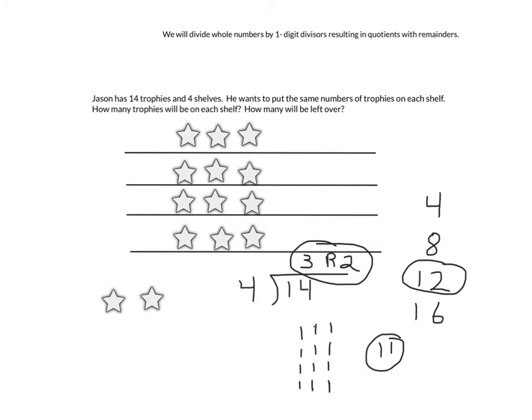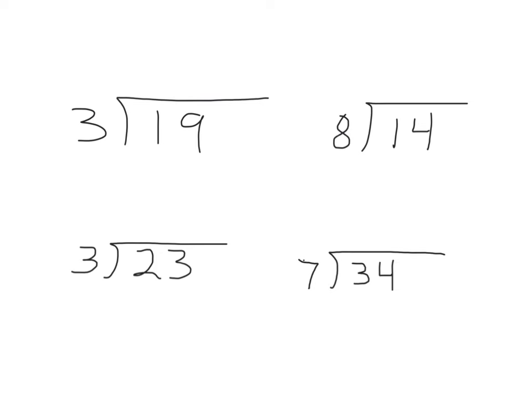Let's try some more. Now, the first problem here says 19 divided by 3. So we need to think about how many 3s go into 19. I could skip count: 3, 6, 9, 12, 15, 18, and 21 would be too many.